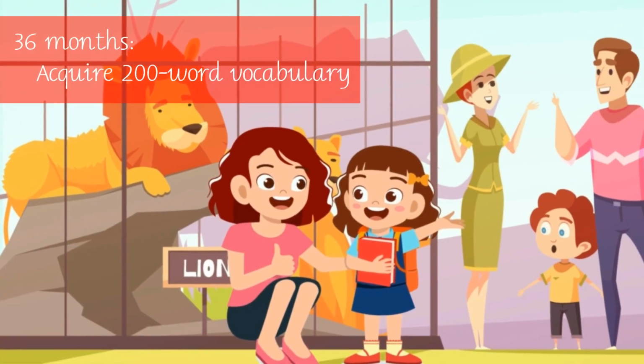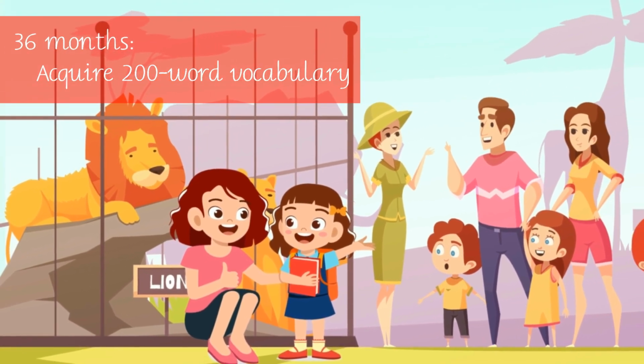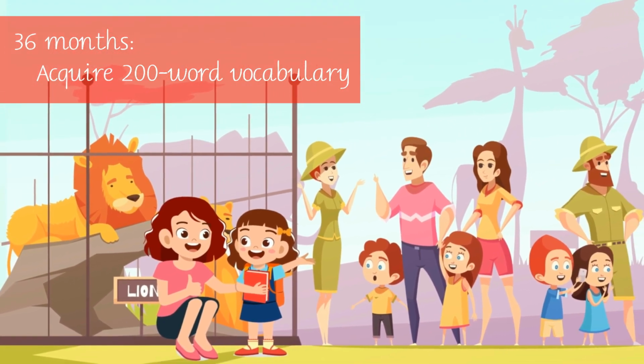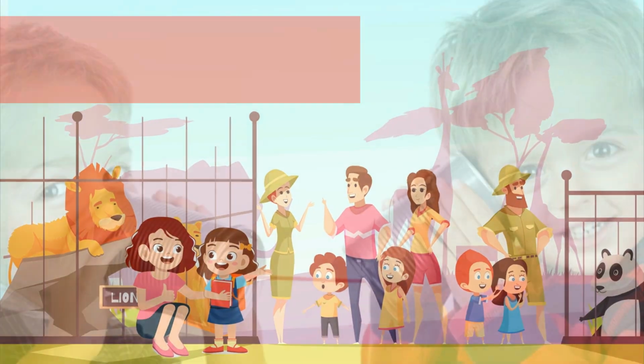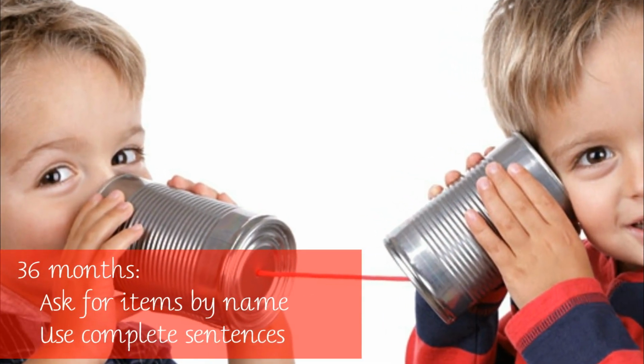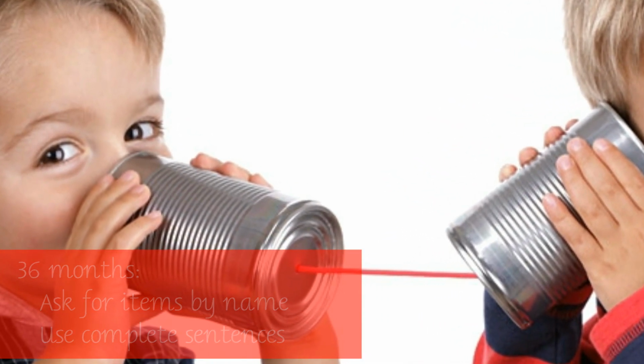At 36 months, they acquire about a 200-word vocabulary, ask for items by name, and use complete sentences. Children with an expressive language difficulty may acquire these skills later than the expected time, or may not display them at all. 4-year-old children who use words incorrectly may be displaying symptoms of expressive language delay.